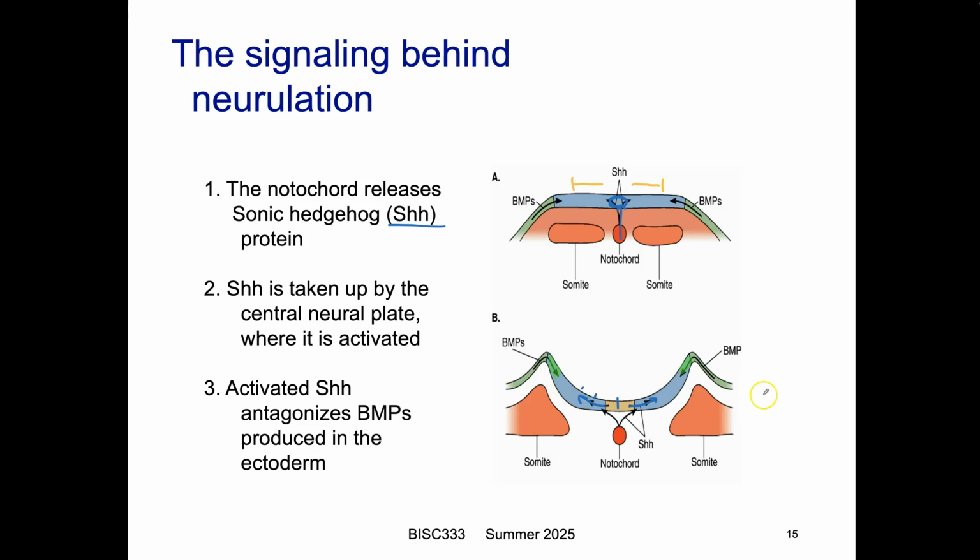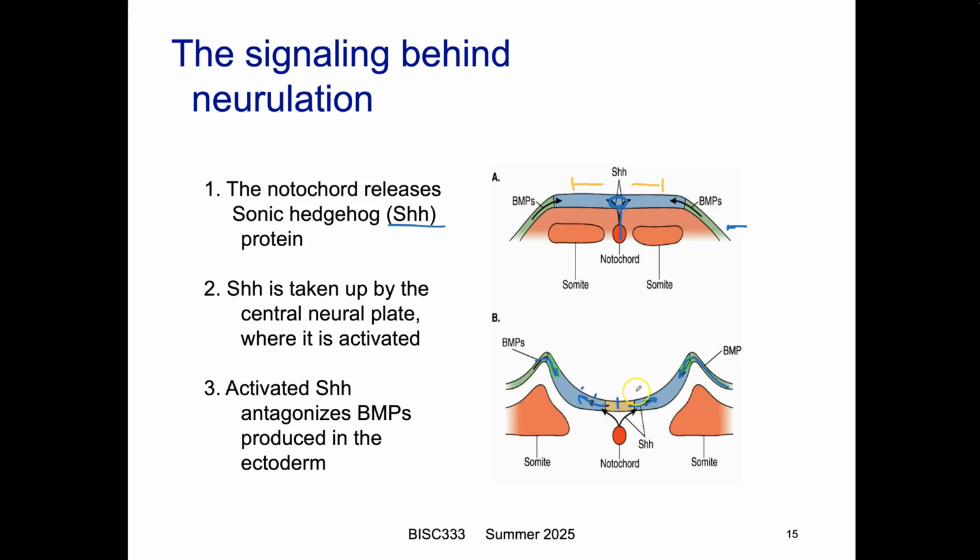we move away. Now, the epidermis is expressing BMP, and the BMP expression is strongest in the epidermis, but it also is being expressed towards the neural folds at this point.